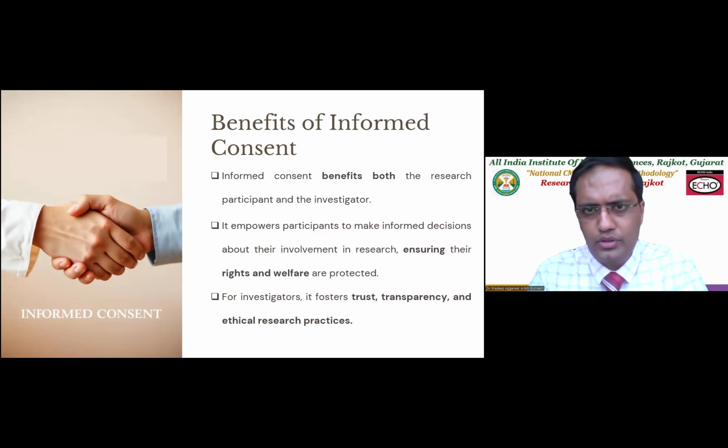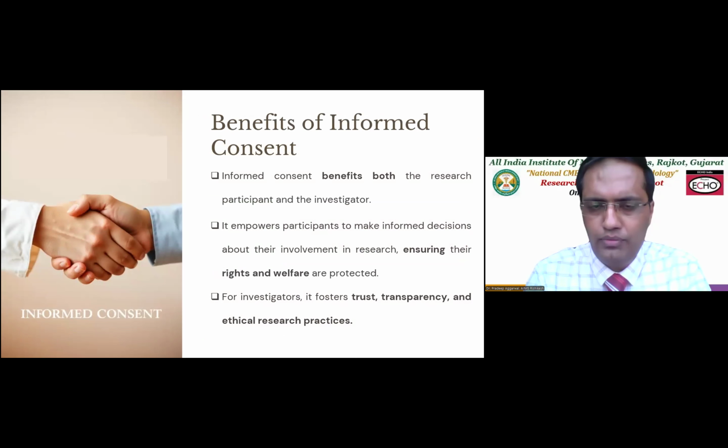What are the benefits of informed consent? Informed consent benefits both research participant and investigator. In fact, it is a safeguard for you. If you have taken an informed consent, you are on a safer side. It empowers the participant to make an informed decision about their involvement in the research, ensuring their rights and welfare are protected.